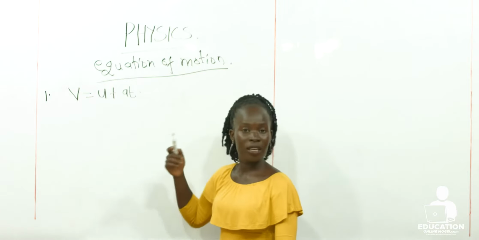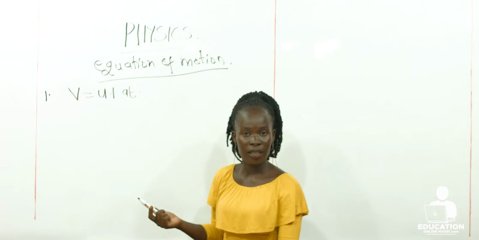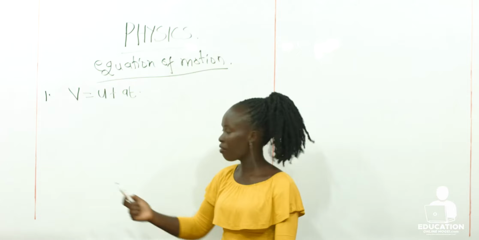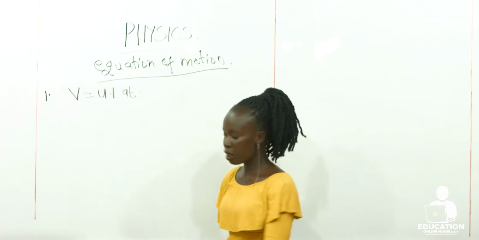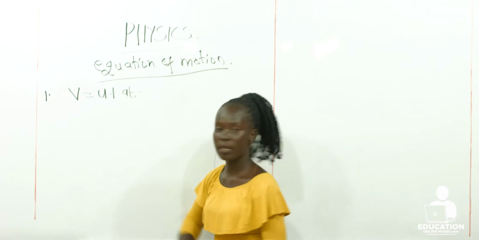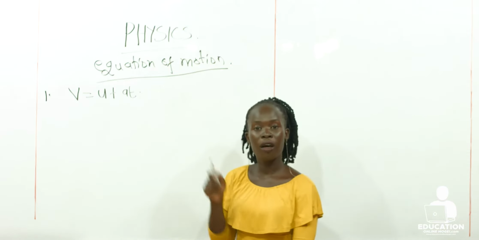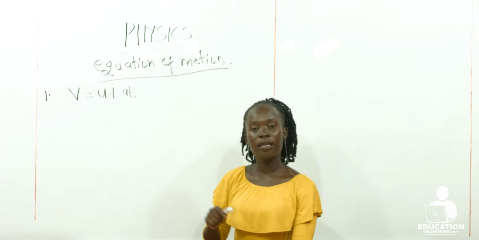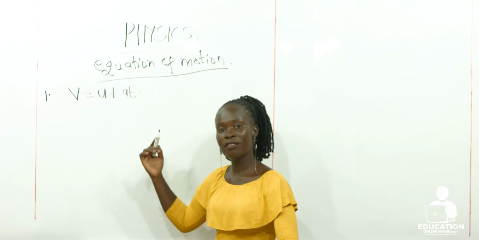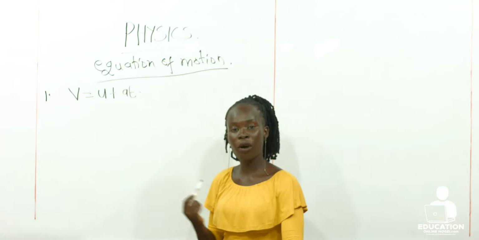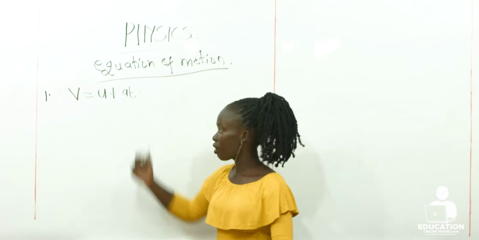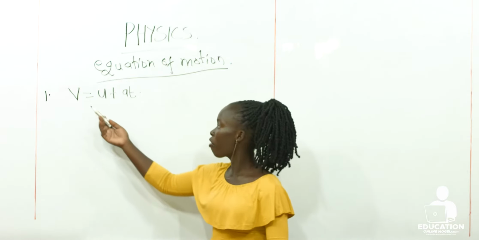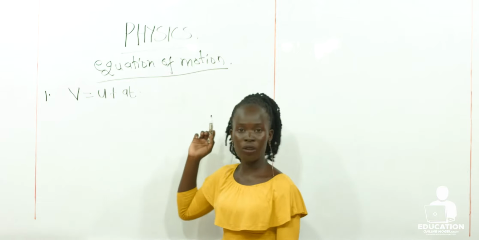So at what rate is your body accelerating? Acceleration, we are giving it letter A. With that we also have the T. That T stands for time, the time the body has taken to move from one point to another. So this is how our first equation of motion looks.